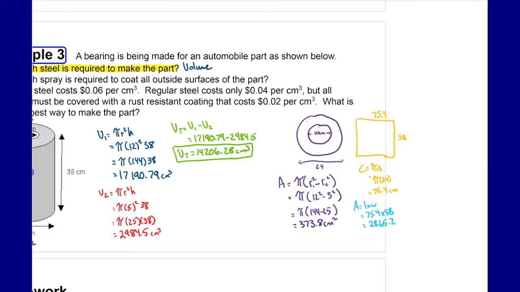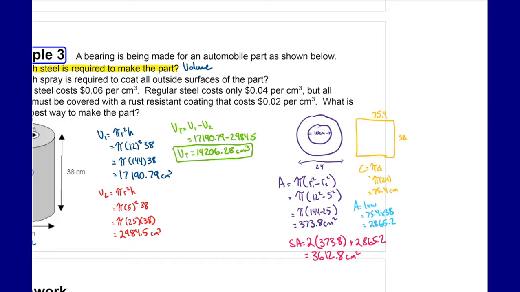And then to find at the very end our surface area, it would be 2 times 373.8 for the two circular pieces, plus 2,865.2 for our rectangular piece, to give us a final surface area of 3,612.8 centimeters squared.